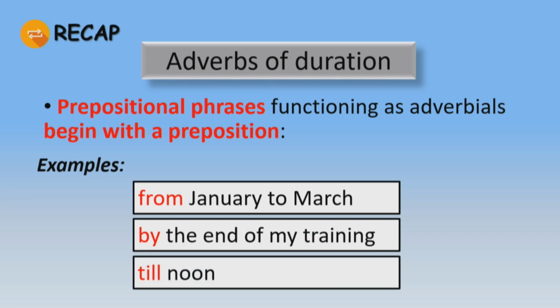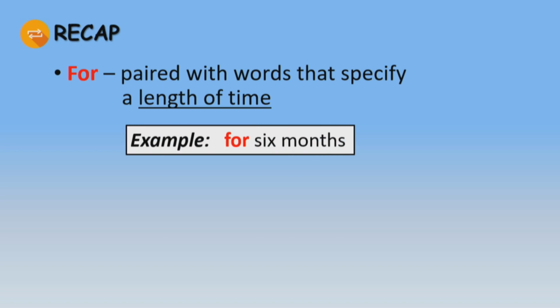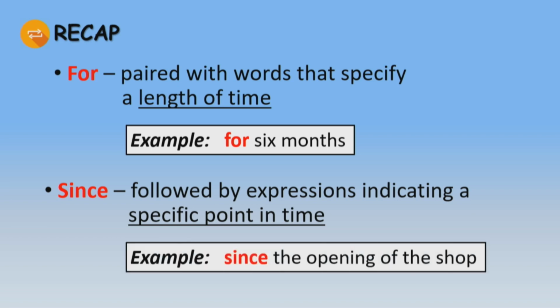For is usually paired with words that specify a length of time, for example, for 6 months, while since is followed by an expression indicating a specific point in time. Example, since the opening of the shop.